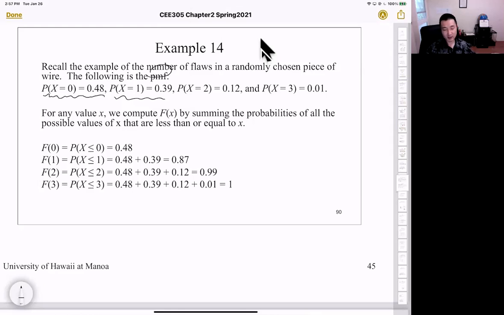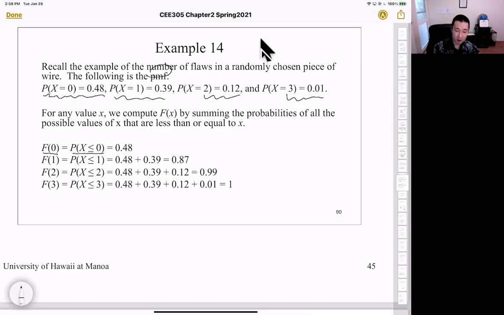If we want to calculate the cumulative function, F(0) means the probability that the number of floors is less than or equal to 0, which is equal to 48% based on the PMF.